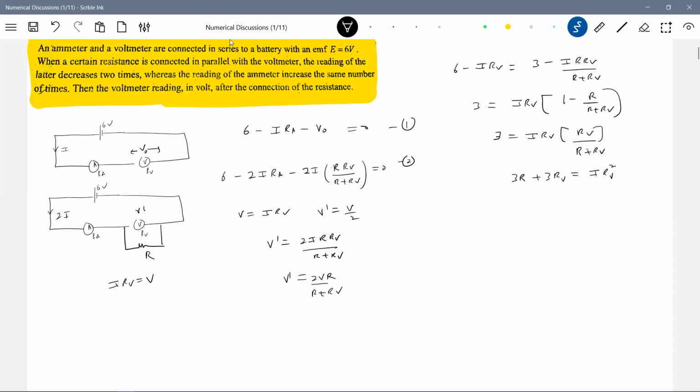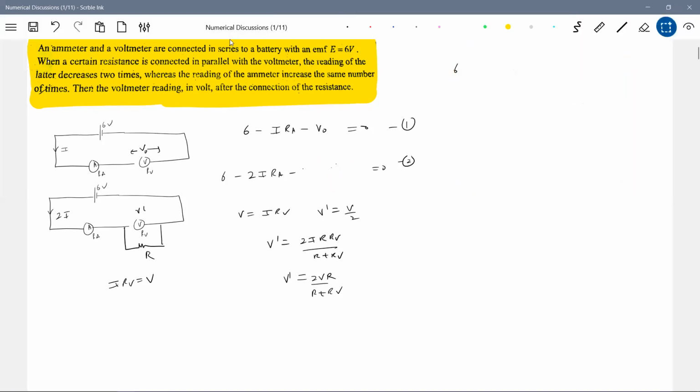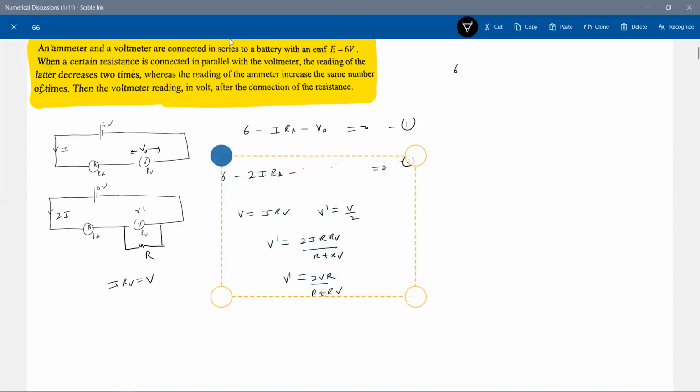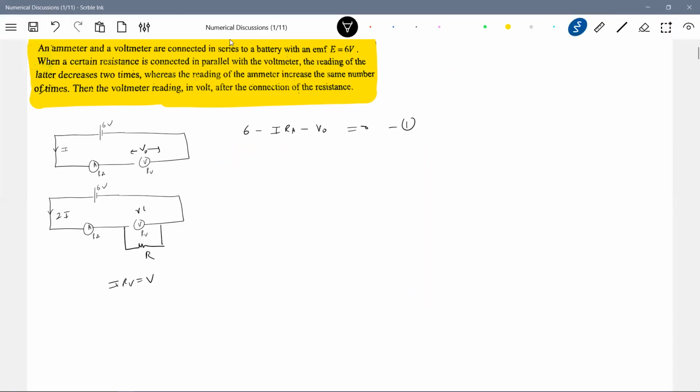No, 6 minus 2i. Let me rework here. This will be 6 minus 2i Ra, V naught by 2. Here only I think we can manage. So IRA equals 6 minus V naught.